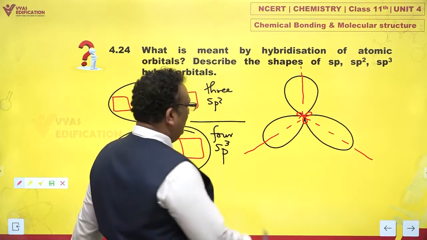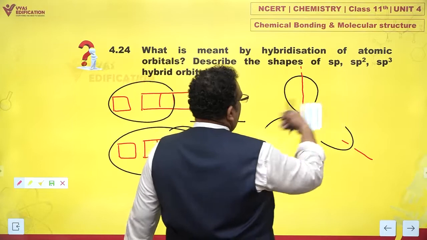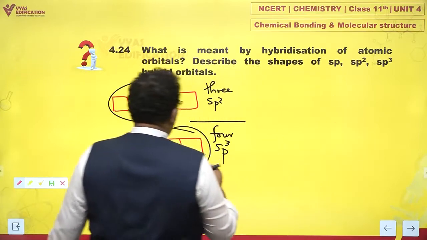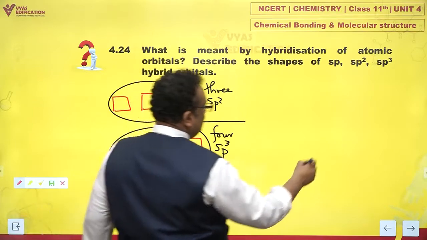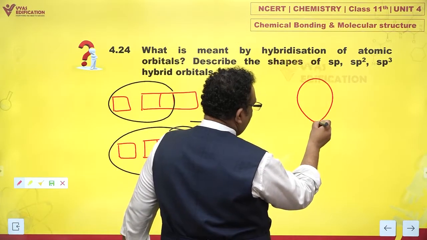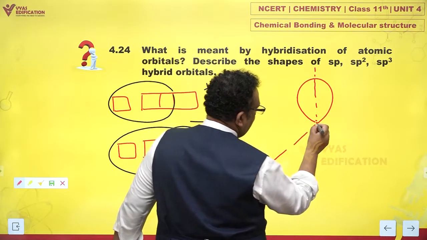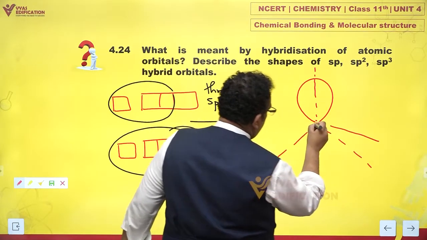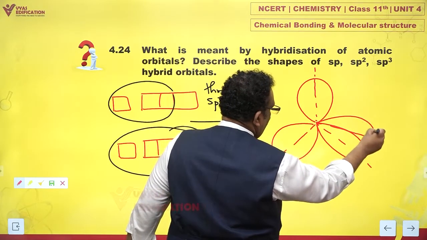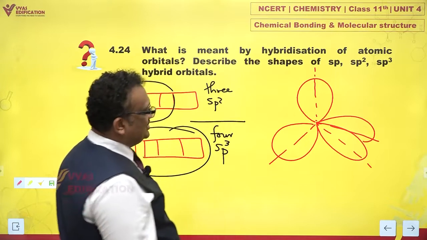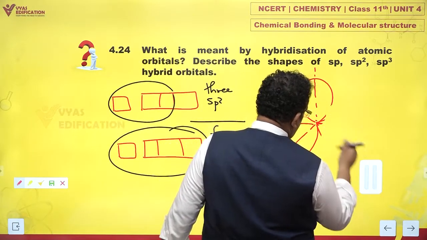What about sp3? I'll show you that also. If you take this 4 case of sp3, you have 1. I'll just draw lines for reference. You have 2, you have 3, and you have 4. Now please remember, it's a 3-dimensional structure, so this becomes a bit difficult to draw.